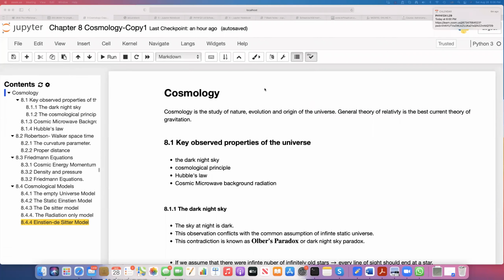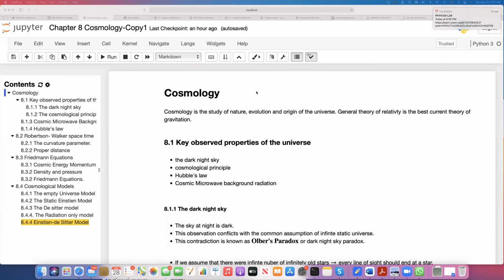So we started this chapter defining what cosmology means. That is the nature, evolution, and the origin of the universe. So that's basically about studying the nature, evolution, and the origin of the universe. And then we discussed some of the key observed properties of the universe. If you go and observe the universe, what can you see, right?